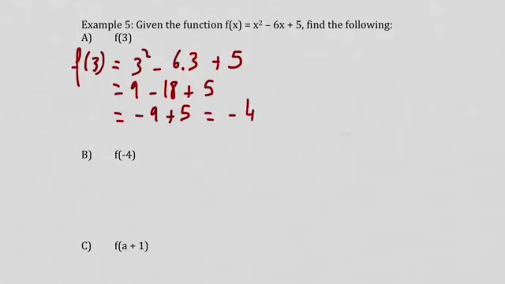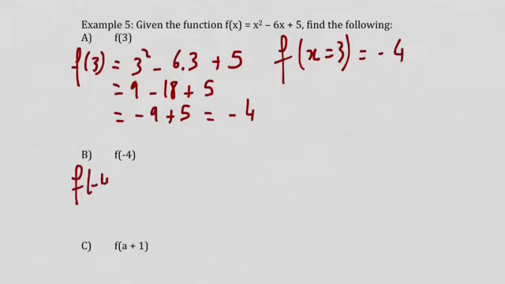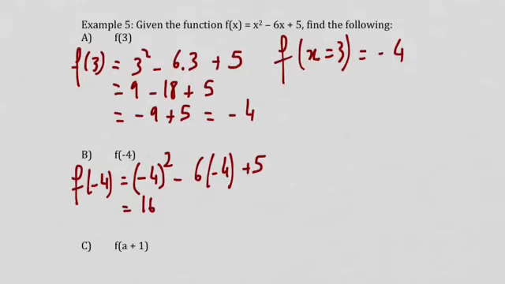I like also, if f of 3 does bother you, you can write f of when x equals 3 equal negative 4. Now, f of negative 4, same idea, you are going to have negative 4, but this time because negative 4, I'm going to have that in between the parentheses, minus 6 times negative 4 plus 5, which brings me to 16, minus 6 times minus 4, minus 24, plus 5.